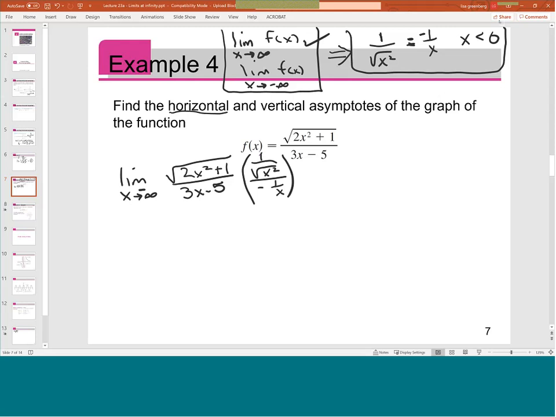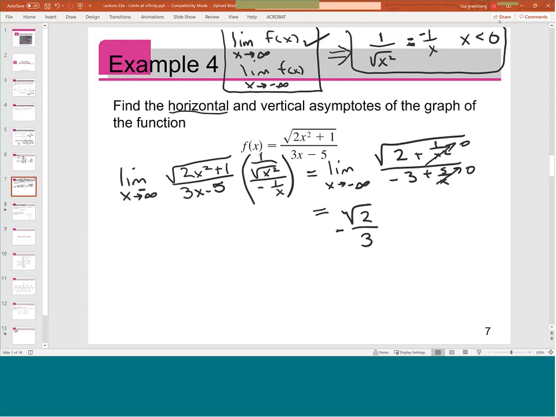And then I can say this is equal to the square root of 2 plus 1 over x squared over negative 3 plus 5 over x, right? And then this goes to 0 and this goes to 0. So I end up with the square root of 2 over 3, only the whole thing is negative.